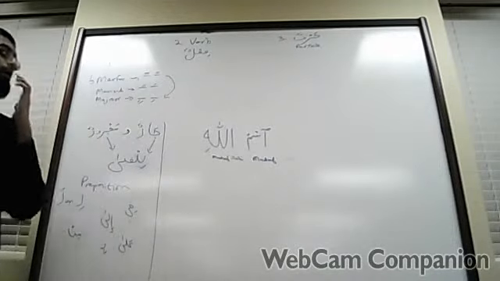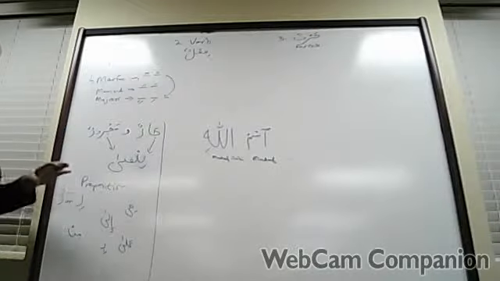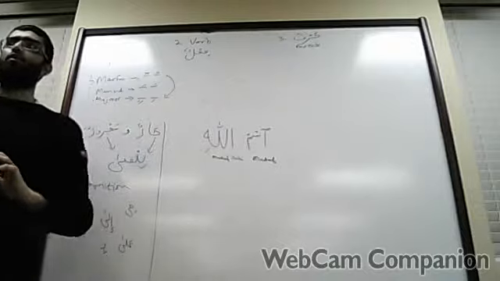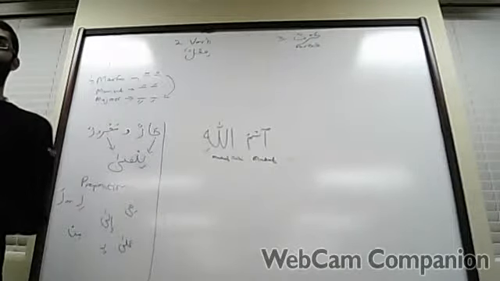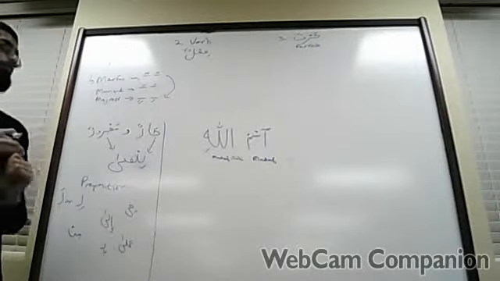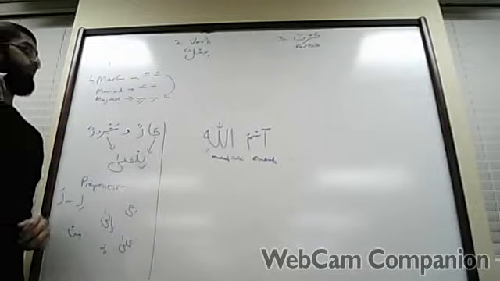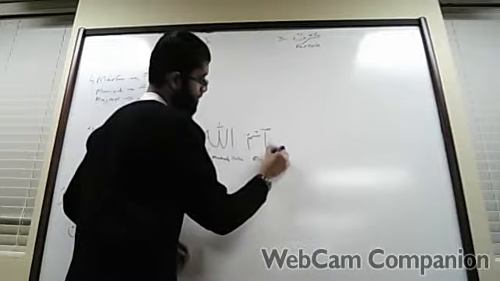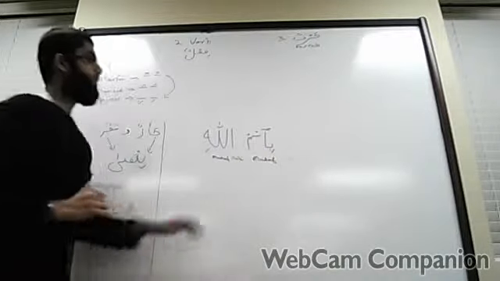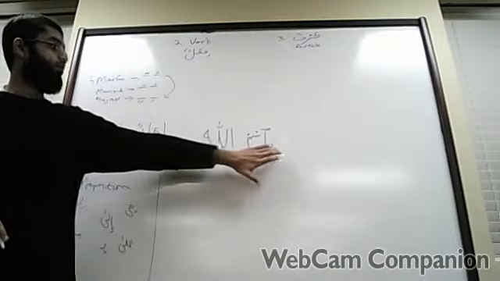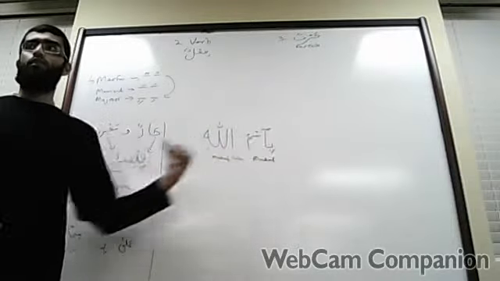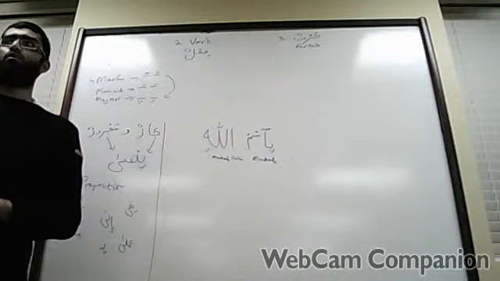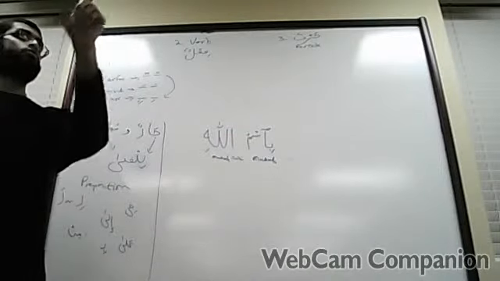Okay. All right. What happens if you add a preposition to the mudaf ilayhi? If I want to say with the name of Allah, or in the name of Allah, and I put a B right here, what happens to the ism? It becomes majroor, right?